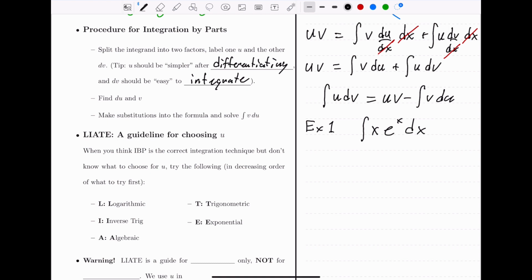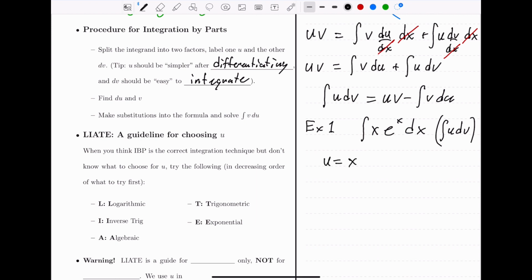Now, I want to view this integral in the form the integral of u dv. So part of this integral I'm going to call u, and the rest of the integral will be dv. Now, we'll talk later about strategies for choosing u, but for this one, the right choice is u equals x.